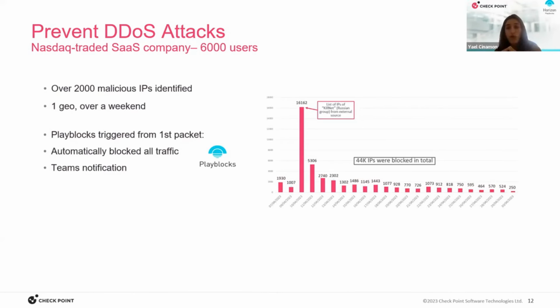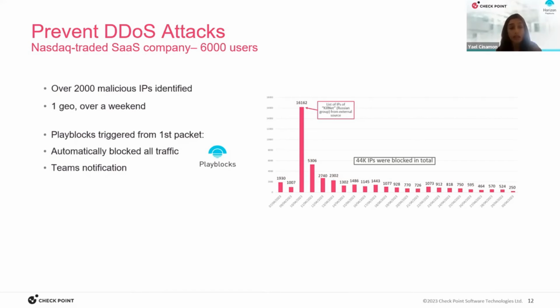But once we saw all those IP addresses attacking the organization, Playblocks took a crucial part in making sure those IPs specifically could not attempt any more communication with the channels, really dropping the chances of a DDoS attack.